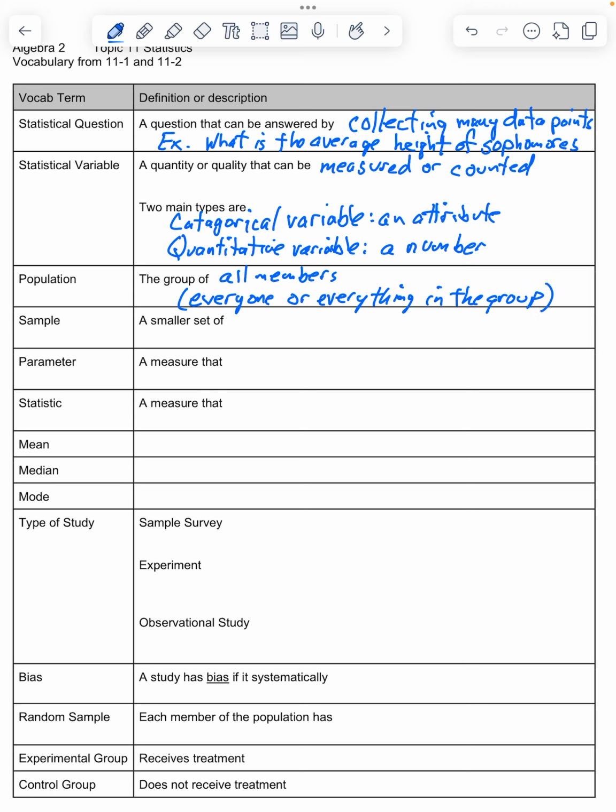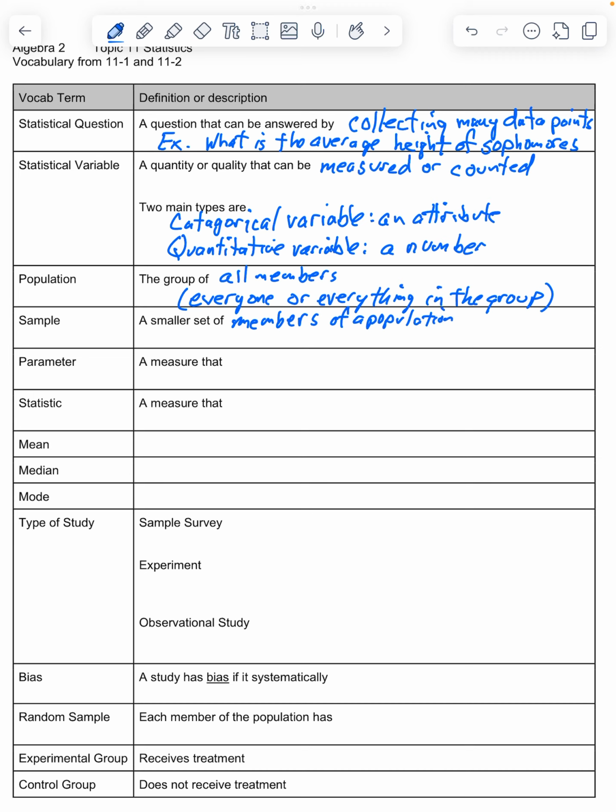So again, sophomores would be an example of that. You might say everyone on the softball team, for instance. A sample is a smaller set of members of a population. So you don't look at everyone in the population, but you get a smaller set.